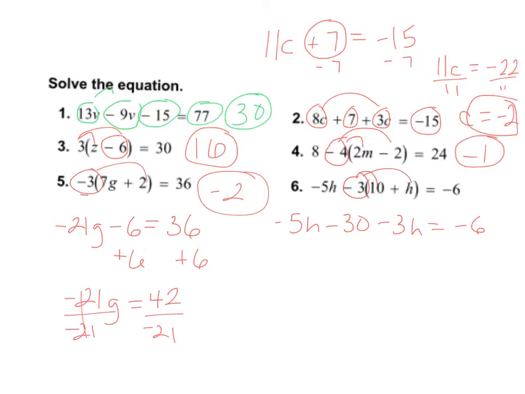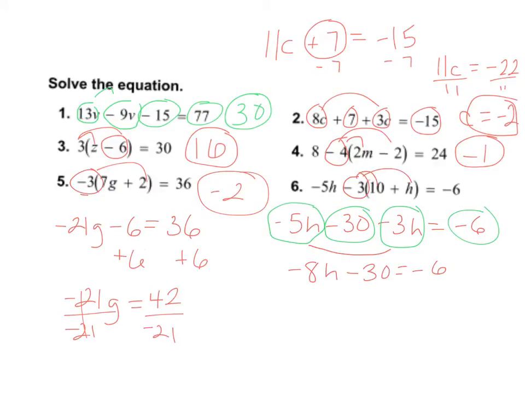Now let's look at the terms that we have. The terms we have are negative 5h, negative 30, negative 3h, negative 6. On the left side, I can combine like terms. I've got negative h and negative 3h. That's negative 8h minus 30 is equal to negative 6. I'm going to get rid of this negative 30 by adding 30.